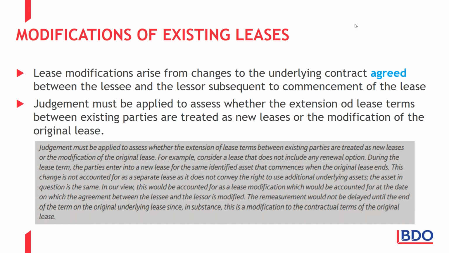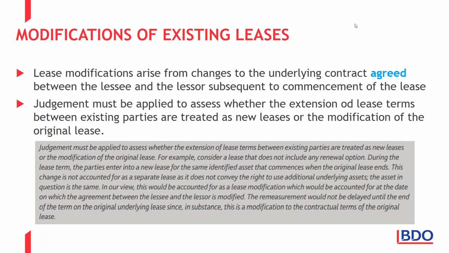This change is not accounted for as a separate lease, as it does not convey the right to use additional underlying assets. The asset in question is the same. Now, in our view, this would be accounted for as a lease modification, which would be accounted for at the date on which the agreement between the lessee and the lessor is modified.